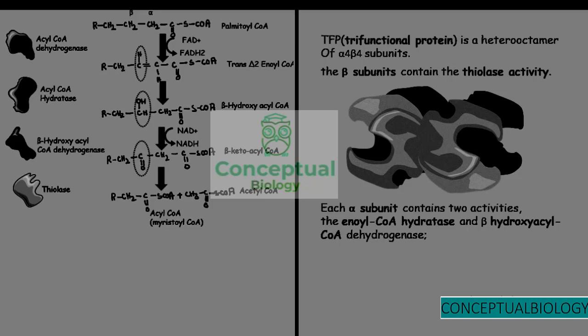So, dehydrogenase and hydratase activities are intrinsic properties of the alpha subunit of these big trifunctional proteins. Any fatty acid which is greater than 12 carbon is processed by these trifunctional proteins, and this kind of depiction of 4 individual enzymes is a bit primitive.